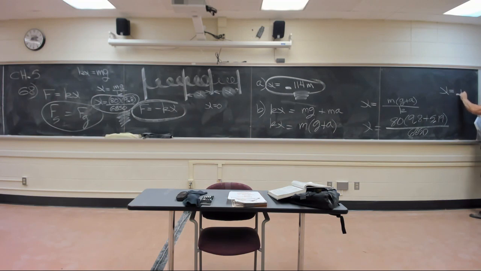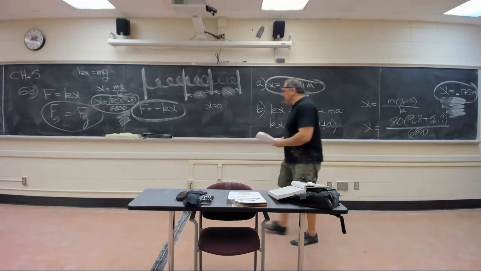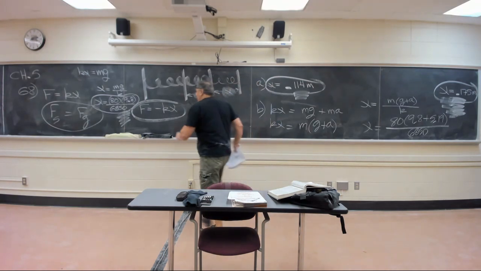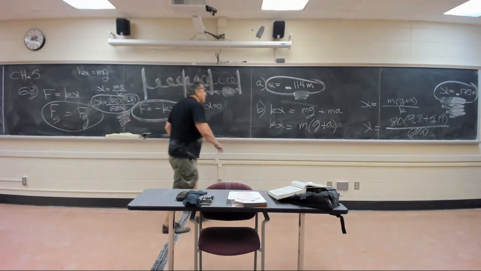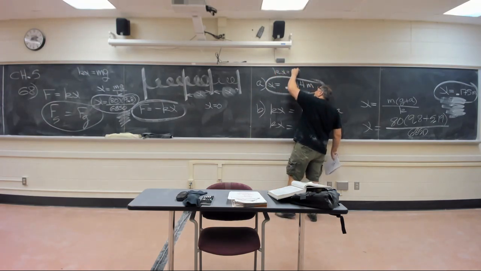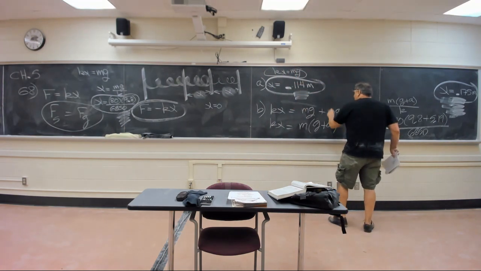More force on that spring means that spring's going to get compressed more than it was earlier. 0.175 meters, as opposed to when it was just standing still. This is when it was just standing still, you guys. This was just the kx equals mg. Standing still is this. You end up getting that when you solve it.